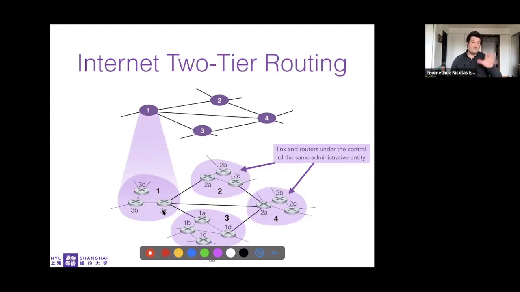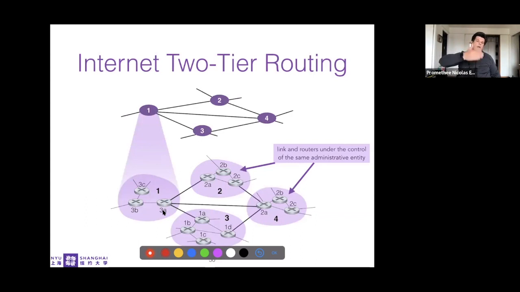So that's the reason we call them intra-domain routing. But on top of this, we have another protocol running. What is that protocol? For those who know, well, it's BGP. Okay, so BGP is the cream of the crop of the protocols in the internet. So this is the real protocol that runs at the scale of the internet.